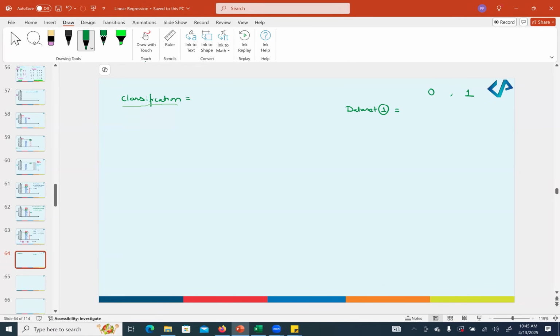If my 0 is 90% in the data set and 1 is 10%, then the minimum accuracy of this particular model should be at least 90%. Why? Because even if I create a model which just classifies everything as 0, what is going to be the accuracy of that model?